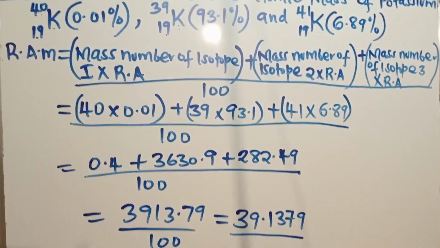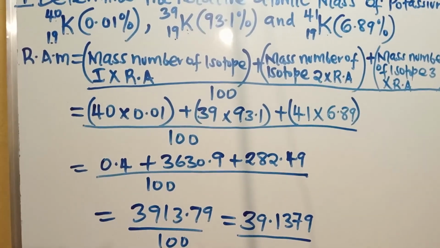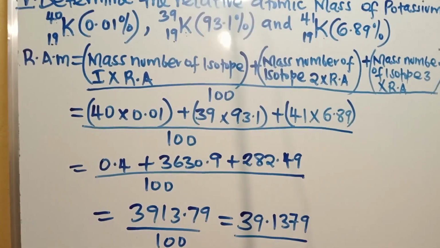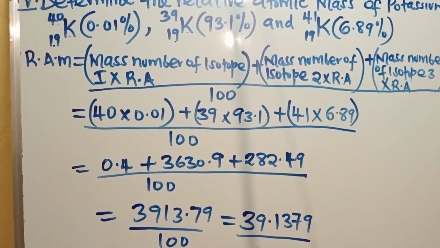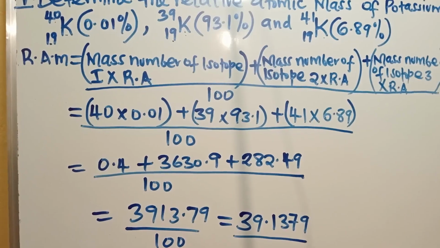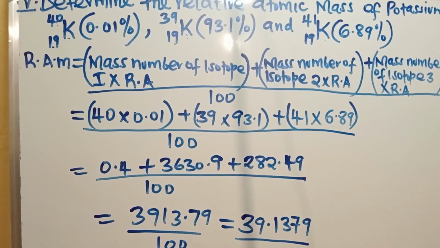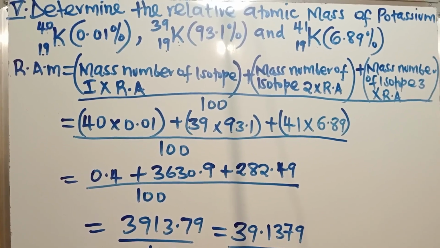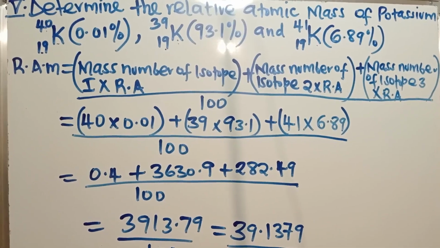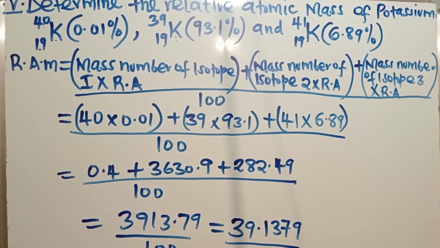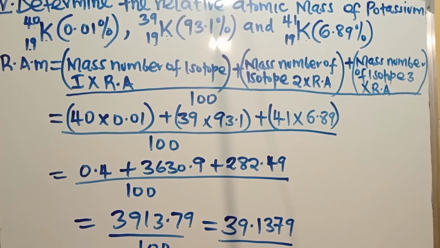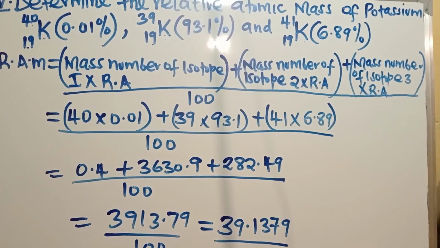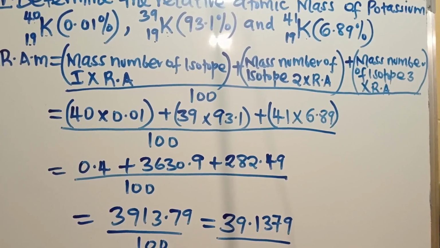And then let me remind you of something that we said about the most abundant isotope. We had such a question as we began the lesson. So if you look at the 39.1379, and in case you were to be asked among the isotopes of this potassium, which one is the most abundant, we said that you usually check on the relative atomic mass. Then you look at the relative abundances that are provided.